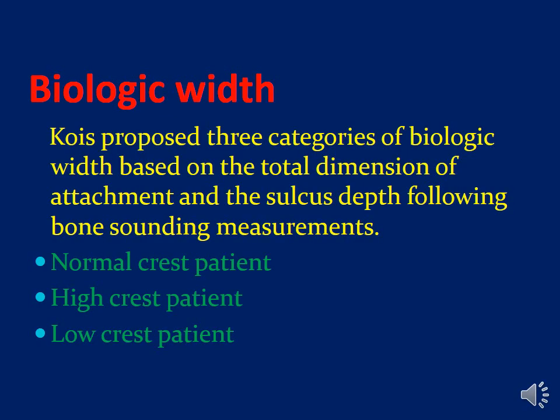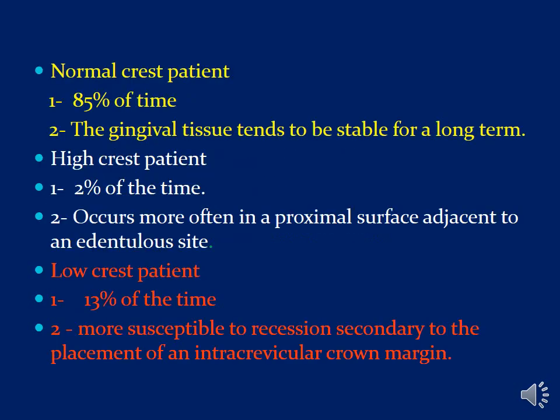The biological width differs according to the types of the crest of the bone, either normal crest, high crest, or low crest patients. Not every patient has the crest of the bone in the same position.